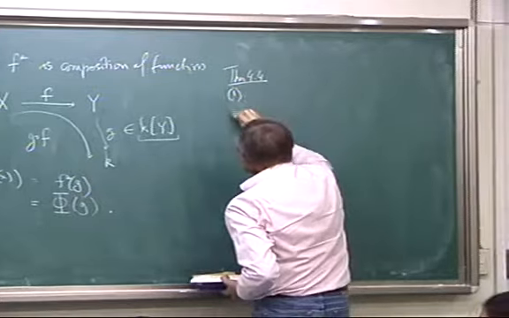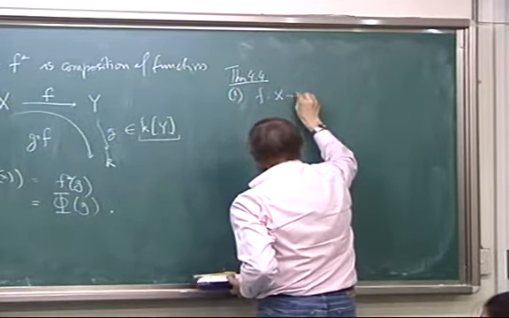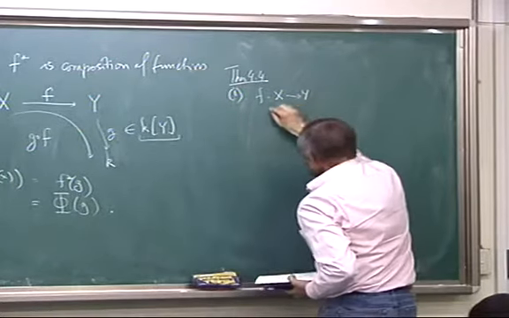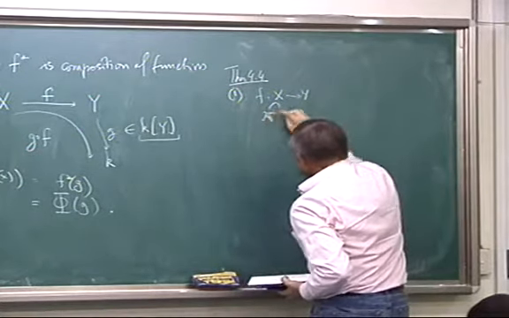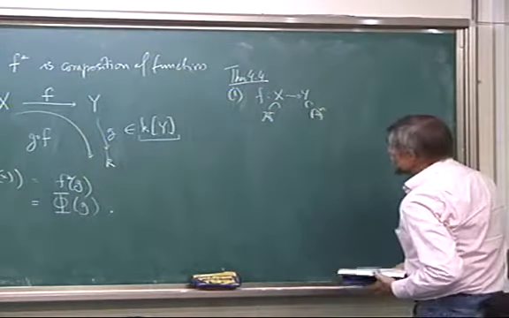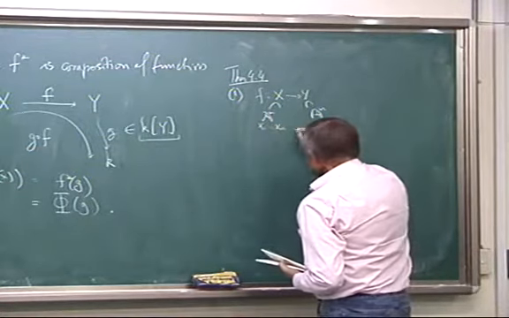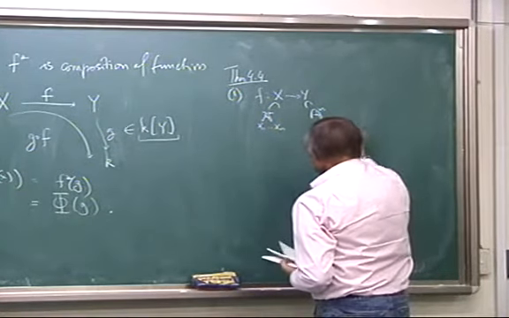Number one, it's saying that F from X to Y, where X is in A^n and Y is in A^m. Here I've got these coordinates X1 up to Xn, here I've got Y1 up to Ym.